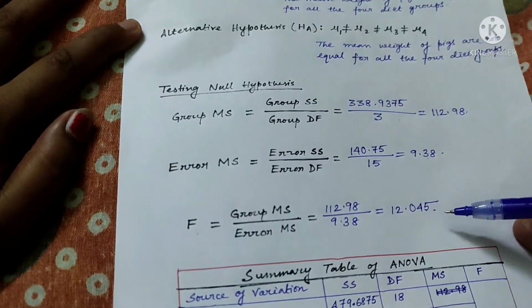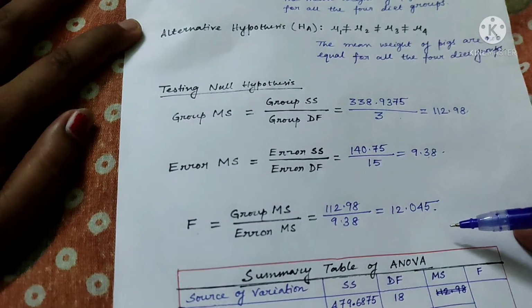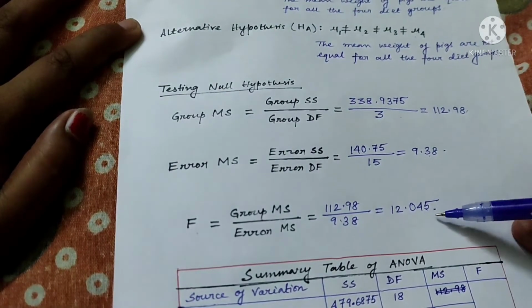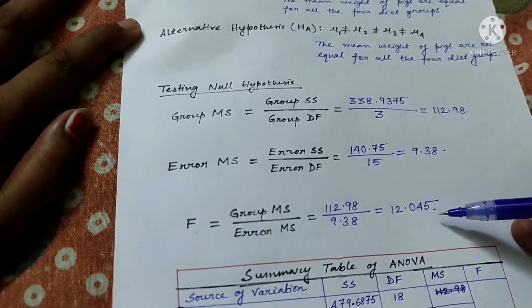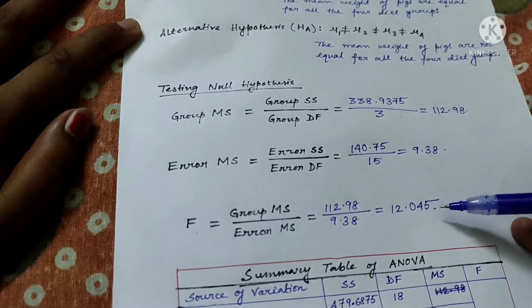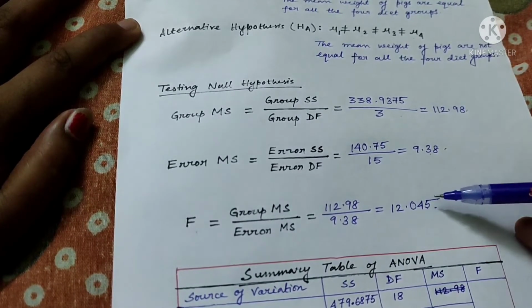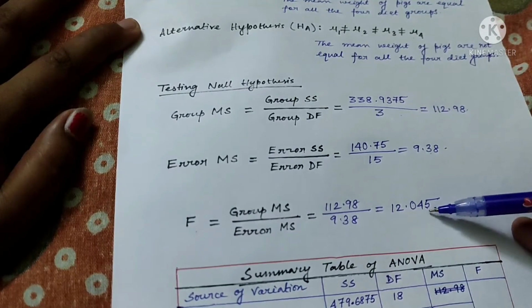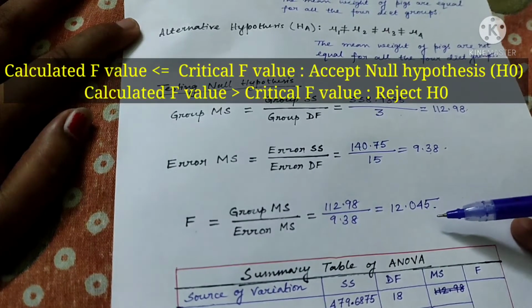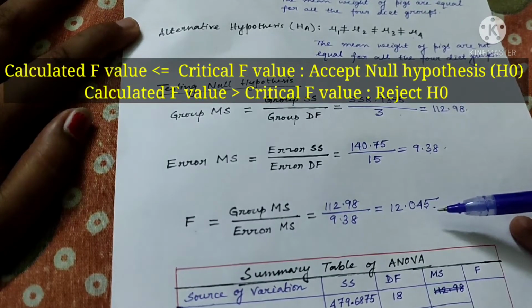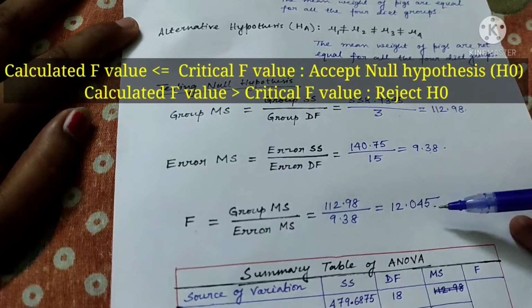Now, whether your problem is following the null hypothesis or not, you have to decide by observing this F value. If this F value is lesser than or equal to the critical F value or table F value, then your problem is going with the null hypothesis.